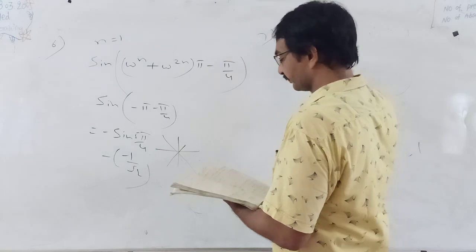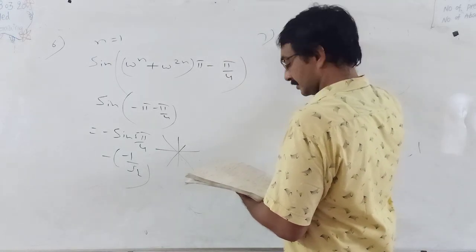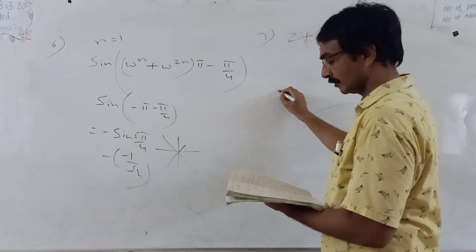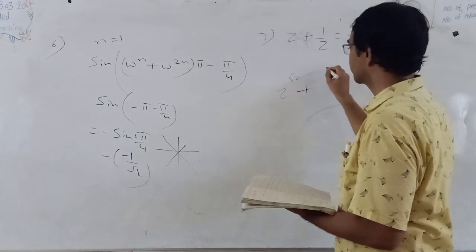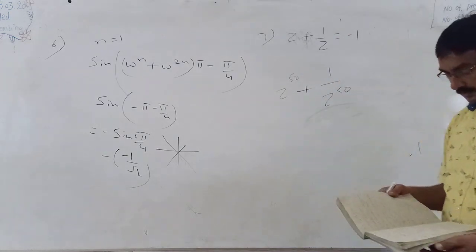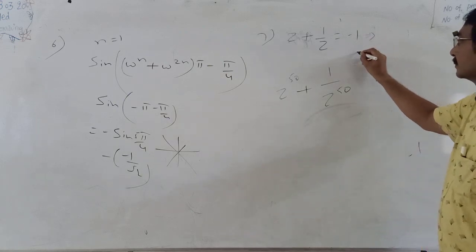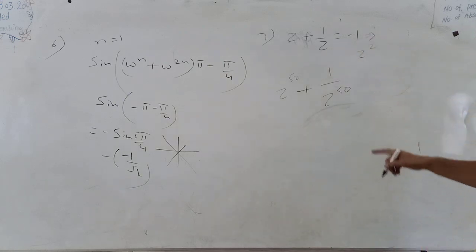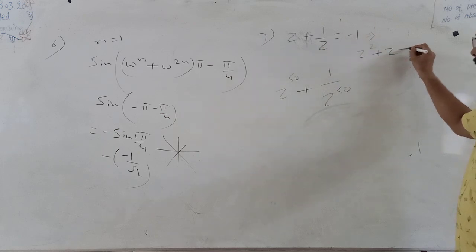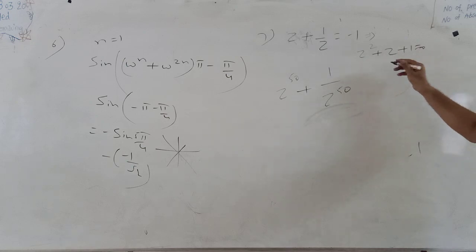Seventh one. If z plus 1 by z equal to minus 1, then find the value of z power 50 plus 1 by z power 50. Clearly this implies a quadratic in the variable z, that is z square plus z plus 1 equal to 0, in the form of x square plus x plus 1 equal to 0.